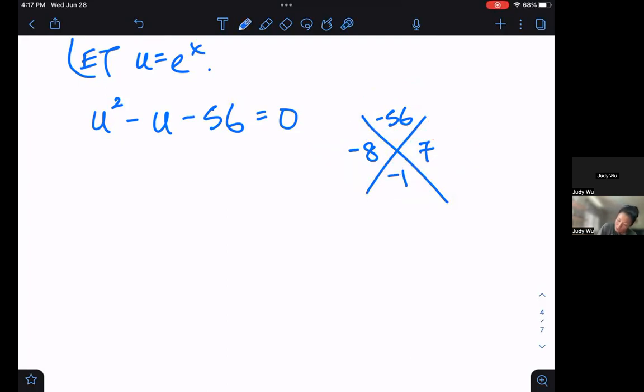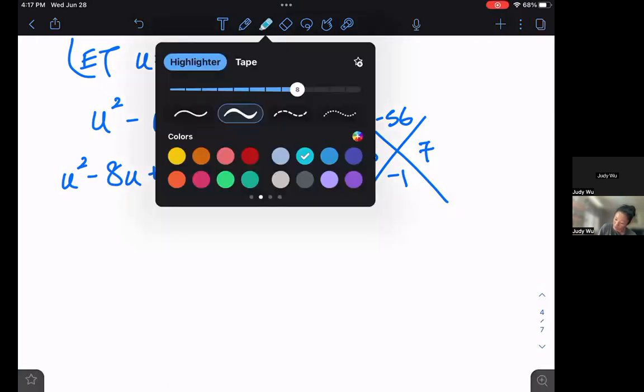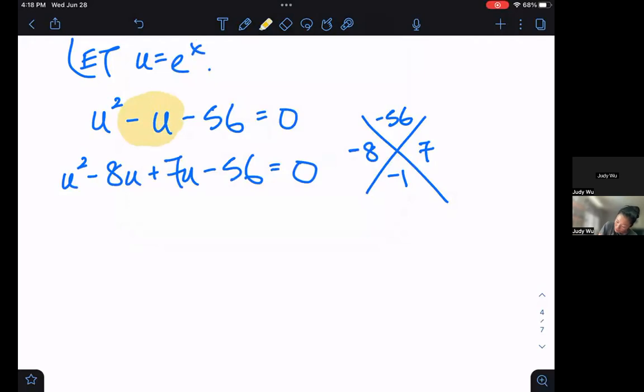So I'm going to take this u squared minus u minus 56, and I'm going to write it as u squared minus 8u plus 7u minus 56 equals 0. All right. So I've taken this middle term and split it to write it this way.